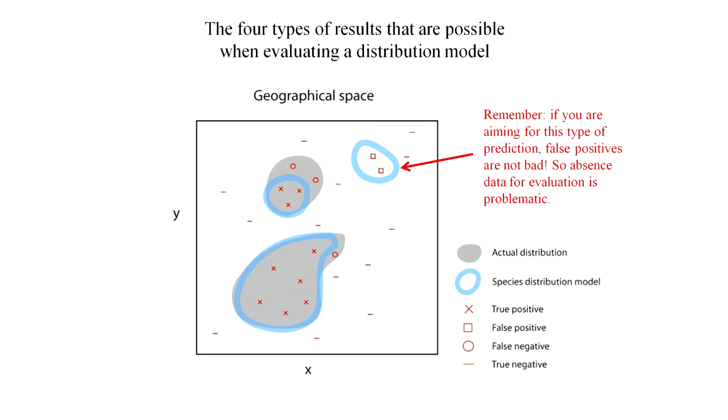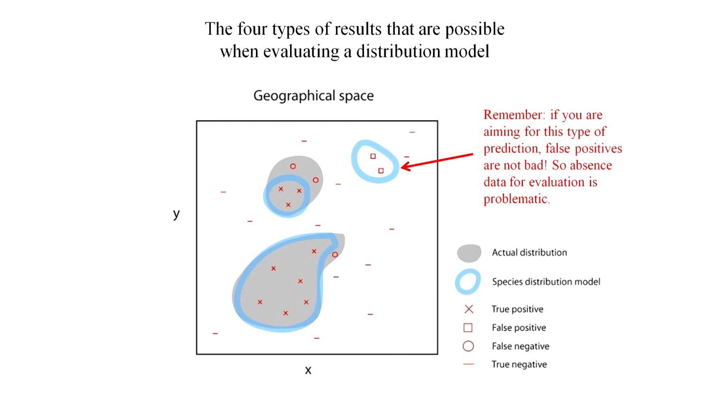Something I referred to yesterday, but I'm going to flag while we've got this particular diagram up. Remember this type of prediction. We referred to it yesterday as a type 3 prediction. This is if you're interested, say, in an invasive species application or a reintroduction or something. We're predicting that the species could be there, but it isn't actually there.